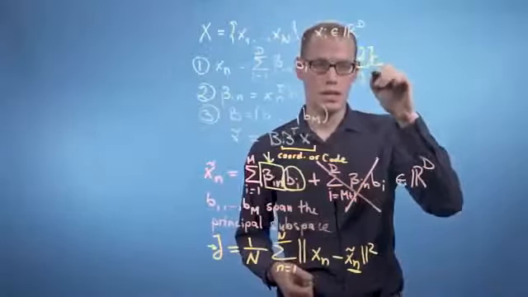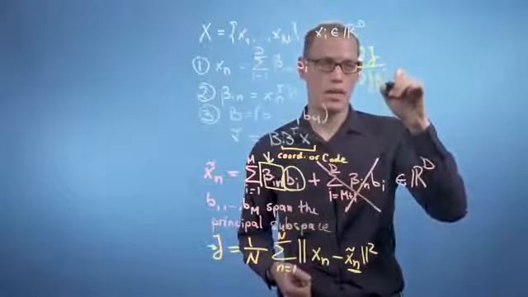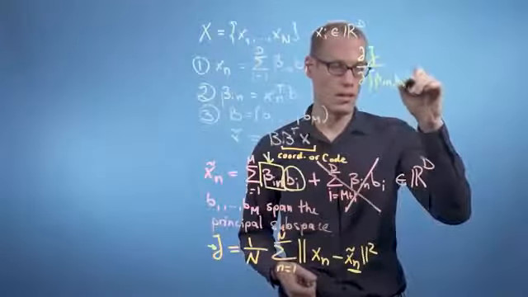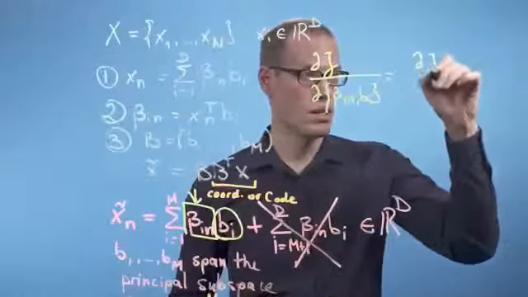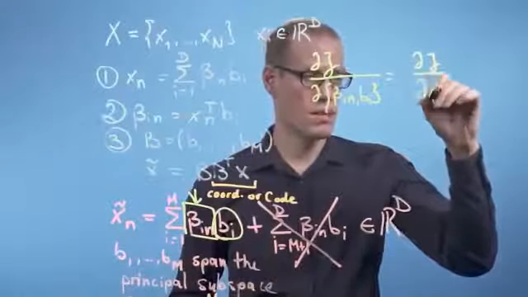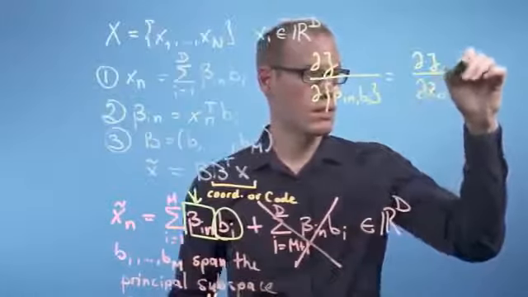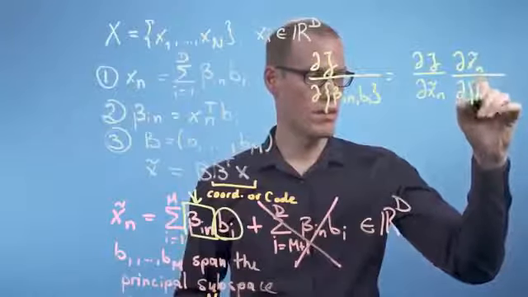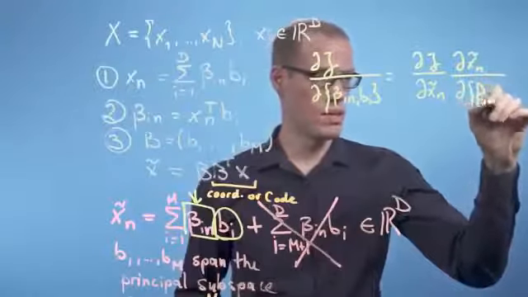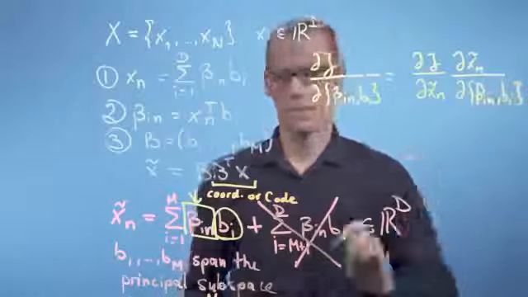dJ by d either β_in or b_i can be written as dJ by dx̃_n times dx̃_n by d either β_in or b_i.